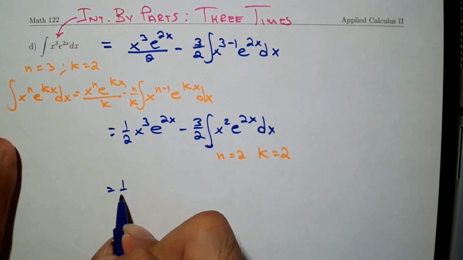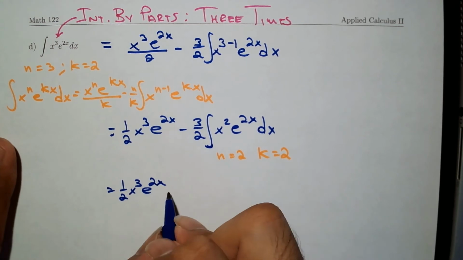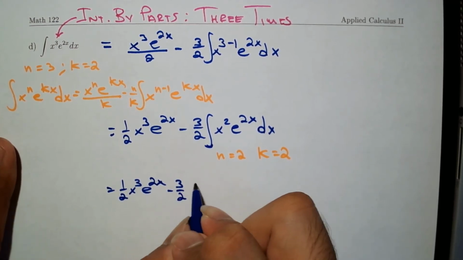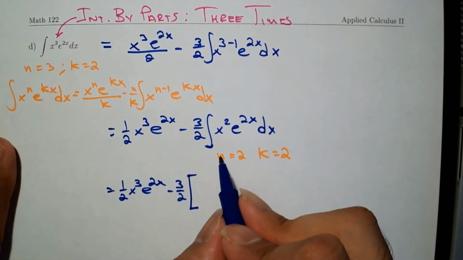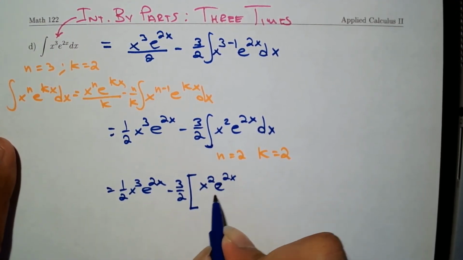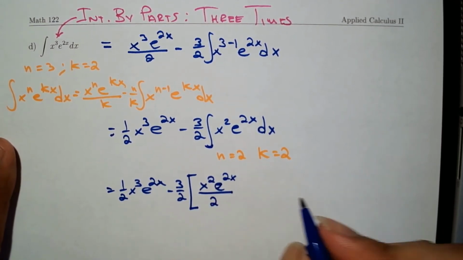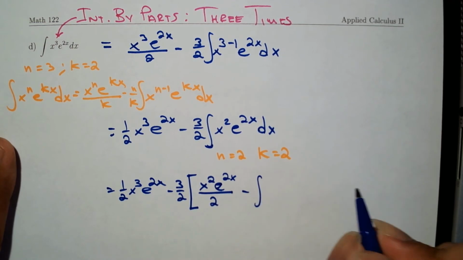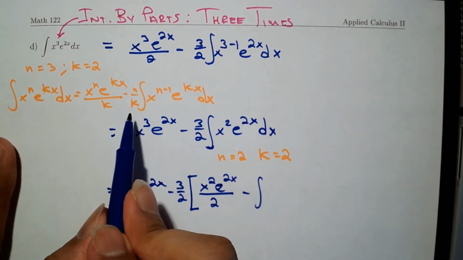So I'm going to have 1/2 x cubed e to the 2x minus 3 halves times whatever we get from using this formula again: x to the n, which is x squared e to the 2x, divided by k, which in this case is the number 2, minus the integral of n over k.